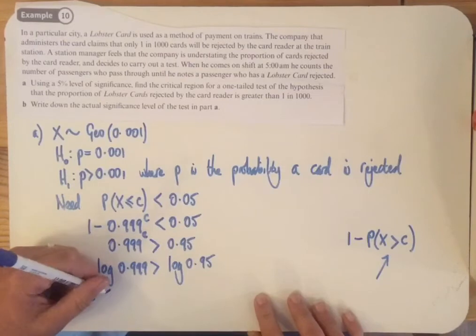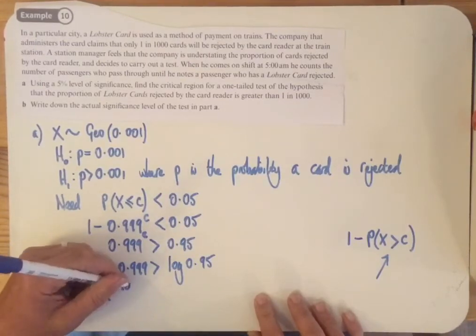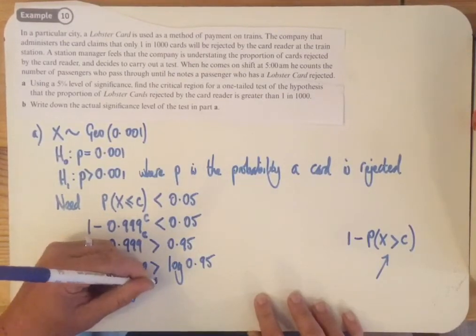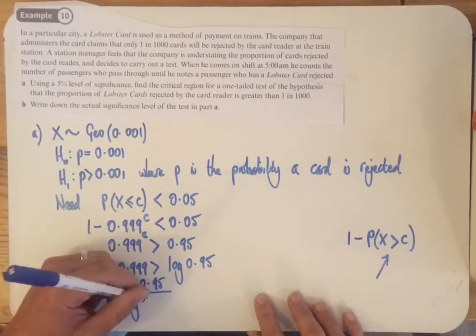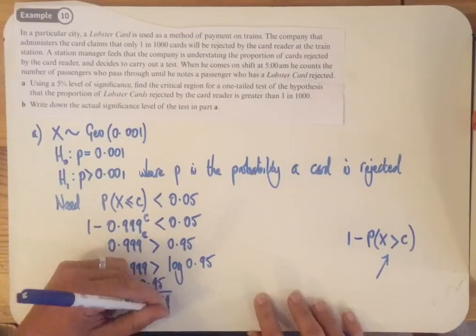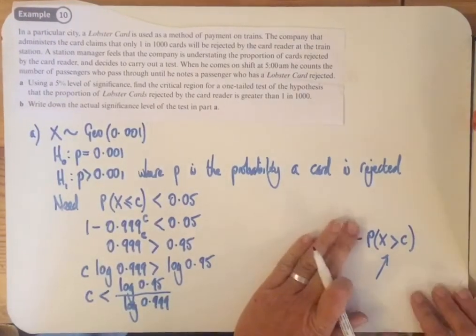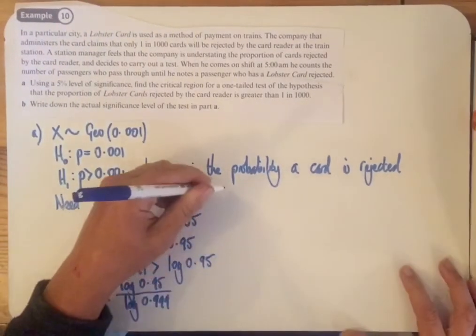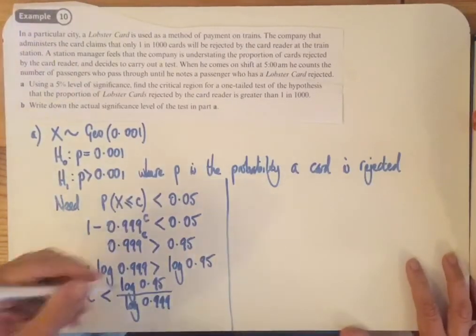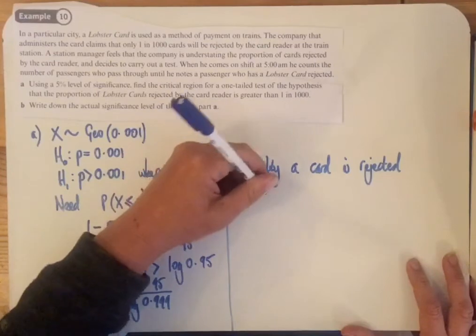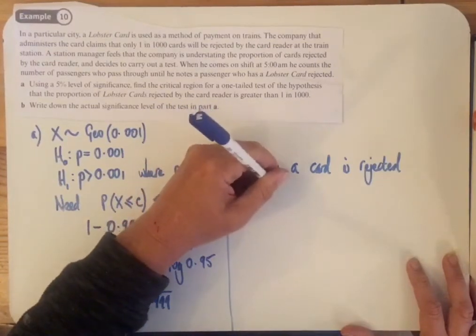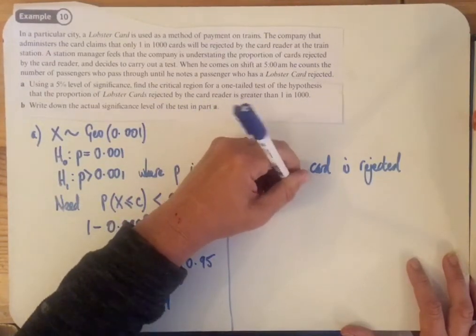So C is less than log 0.95 over log 0.999. And popping that into a calculator, you get C less than 51.267.